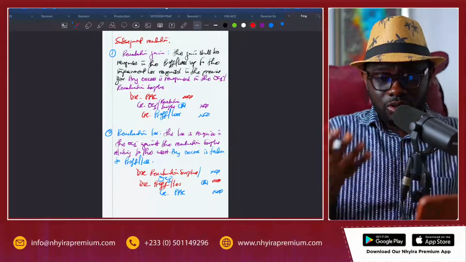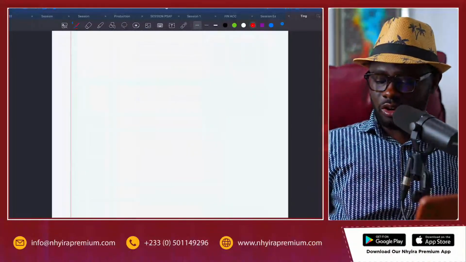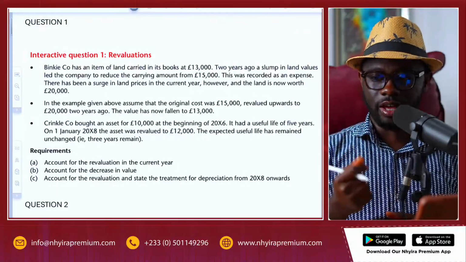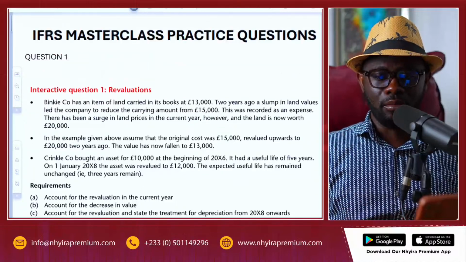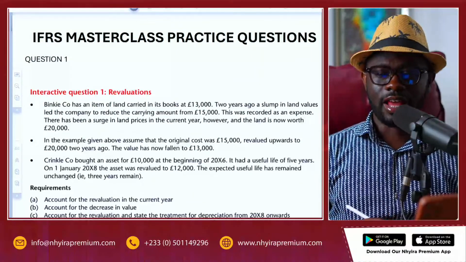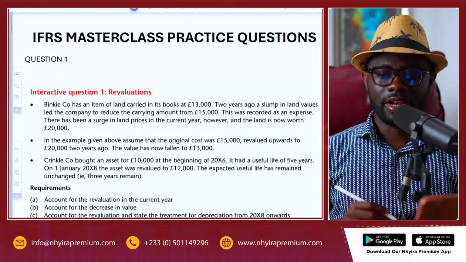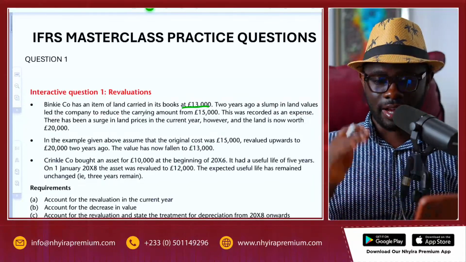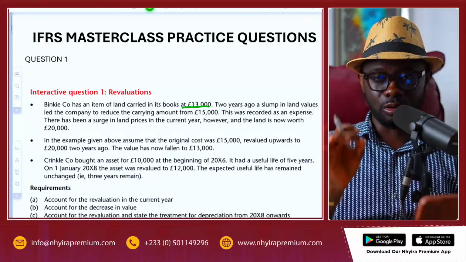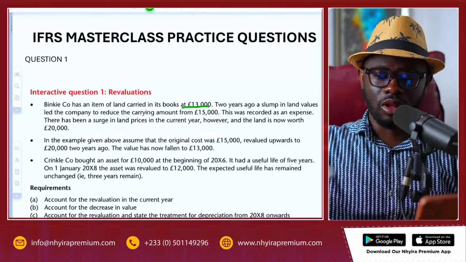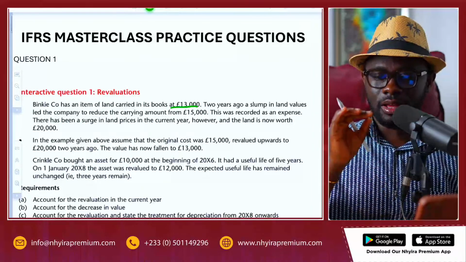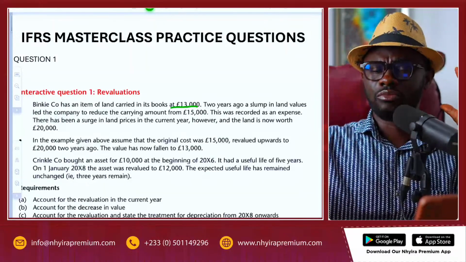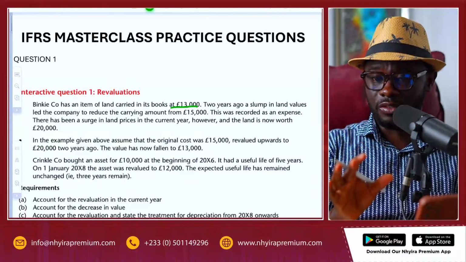Now, having understood this principle, we go to the context of our question and see what we can do here. So what do we have? It says Binki Co. has an item of land carried in its books at £13,000. 2 years ago, a slump in land values led the company to reduce the carrying amount from £15,000.